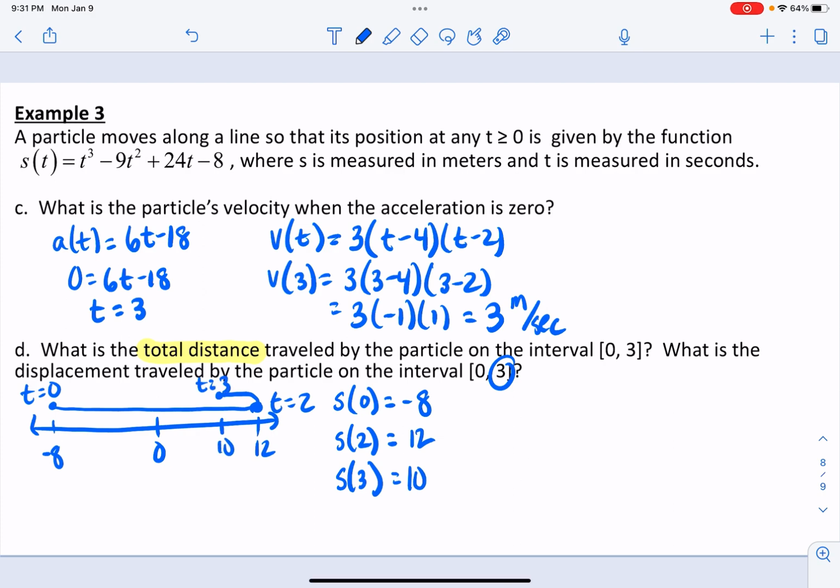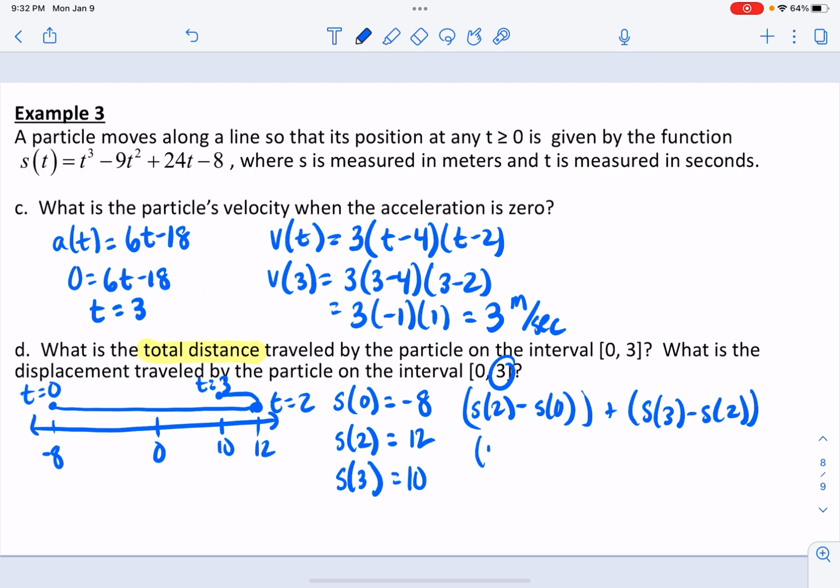So you have to find the total distance, that's what I'm finding now, which is S of 2 minus S of 0, so the length of this first segment, plus S of 3 minus S of 2, so that is equal to 12 minus a negative 8 plus S of 3, which is 10, minus 12.